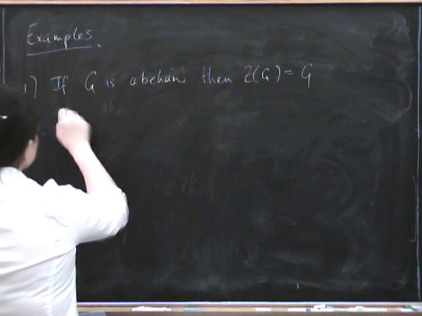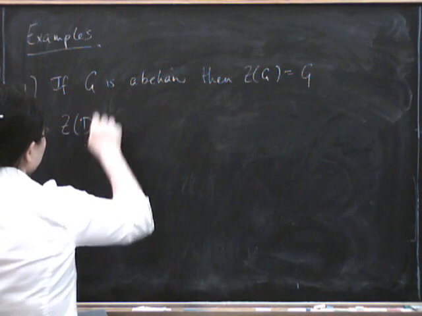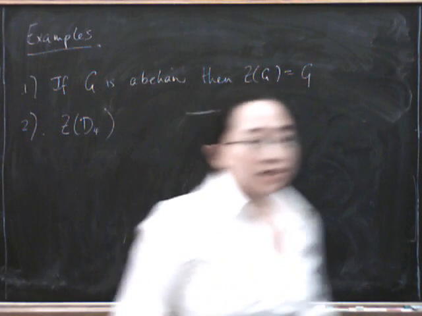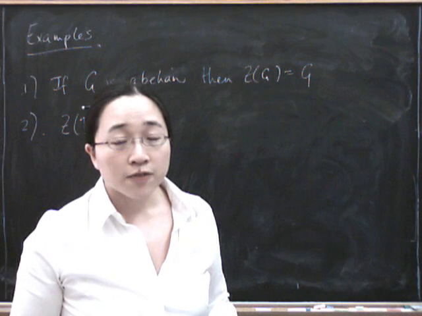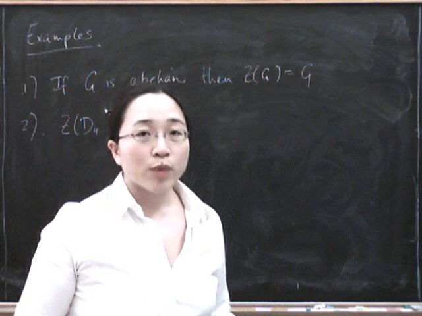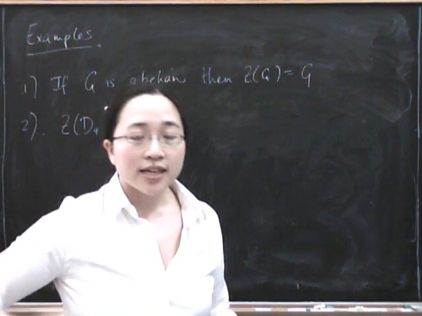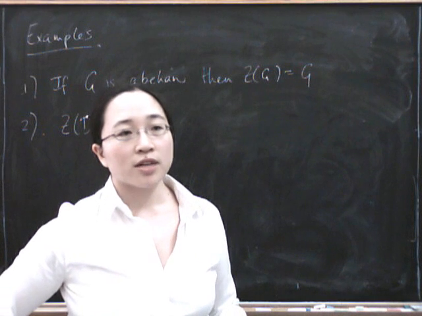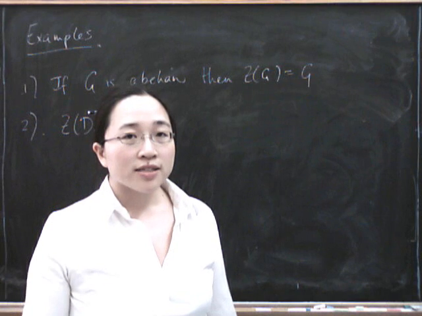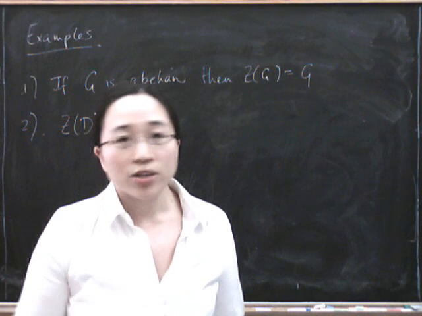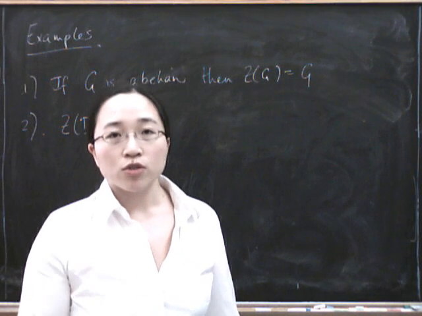The center of D4, now we've actually seen this in the previous lecture because we found all the conjugacy classes in D4 and we discovered which ones were sitting in little conjugacy classes all by themselves. Now if you're in the center, you commute with everything, which means that no matter how much anybody conjugates you, you don't move.